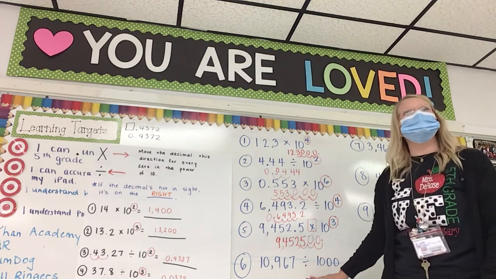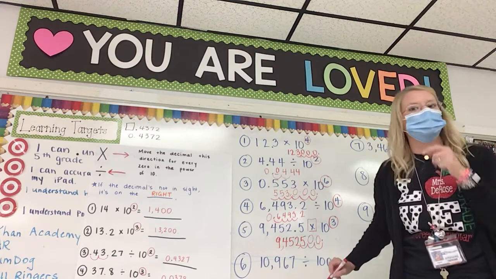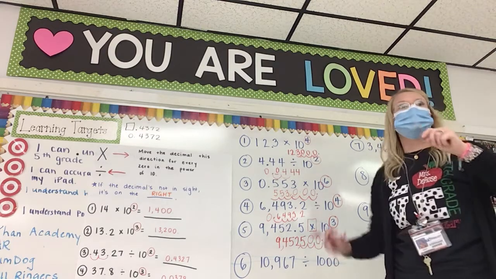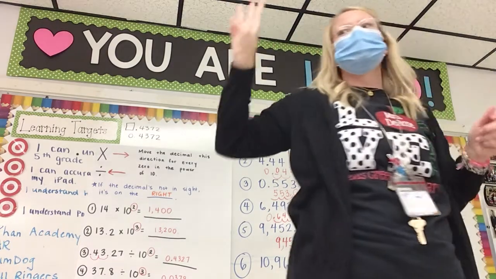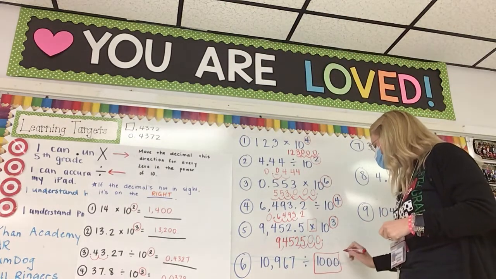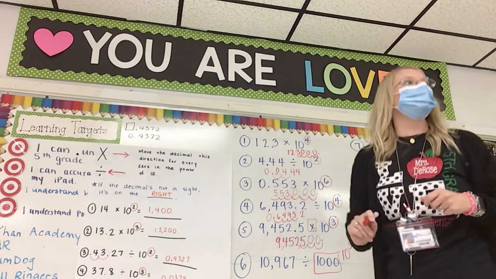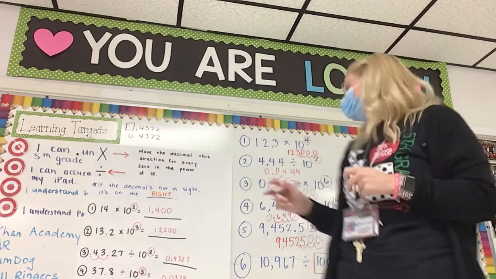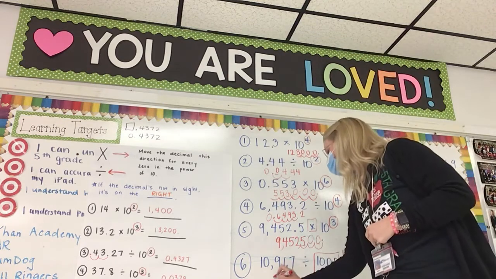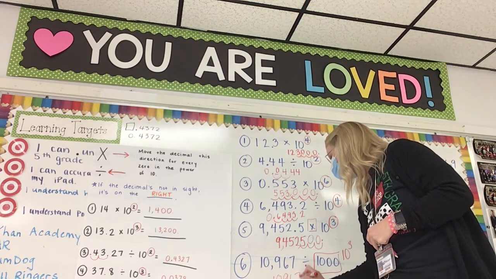Okay, this one looks a little bit different because we don't have an exponent, but how many zeros do we have here? See it, hands up, I see 3 zeros. So this really means I could rewrite this as 10 to the third because there are 3 zeros. Okay, so I'm going to rewrite 10,967.